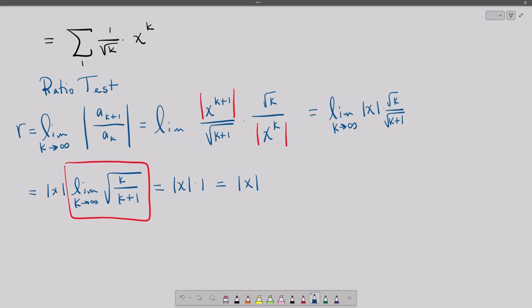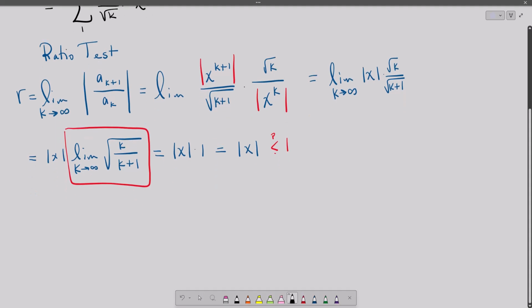Now we go geometric series, and we say, when is this less than 1? Any x that gives us a ratio less than 1 will give us convergence. Any x that doesn't satisfy this inequality will give us divergence. All right, so this tells us then that x is between -1 and 1.